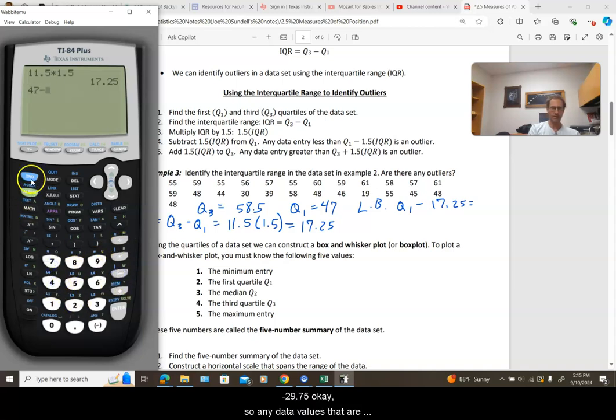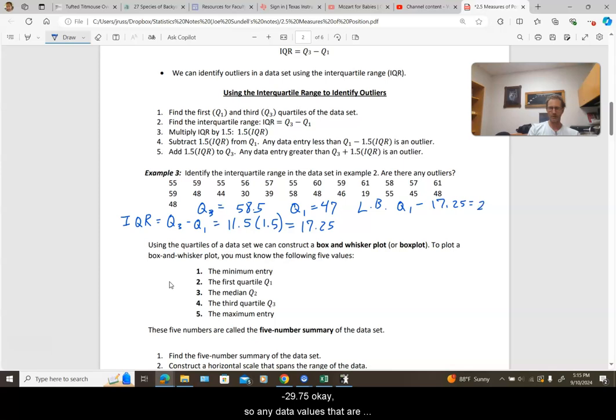47 minus 17.25 is 29.75. So any data values that are below 29.75 are going to be considered outliers. And then for the upper bound, it's very similar, except it's the upper end of that interquartile range.